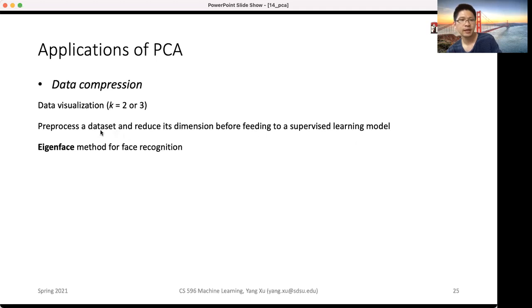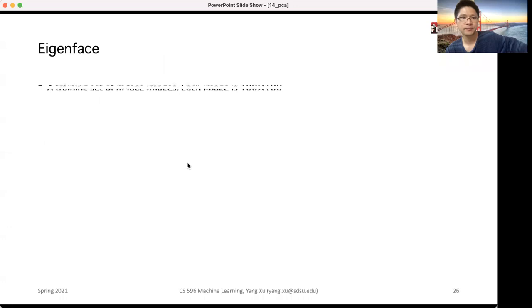Okay, so the last example I want to show is called Eigenface. It's a method for using PCA for face recognition. It's a famous example, actually. For example, the face images we have can be very large, right? 100 by 100 pixels is nowadays small, a very tiny image, but I just use this number for example here.